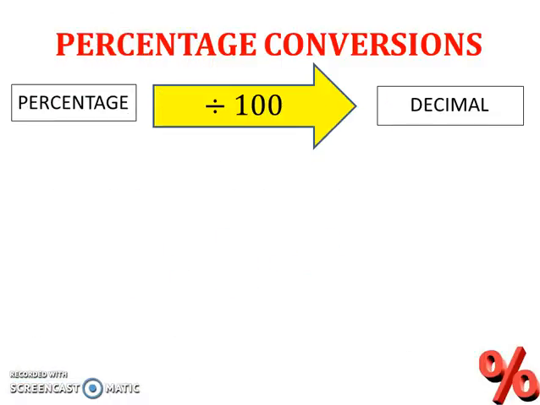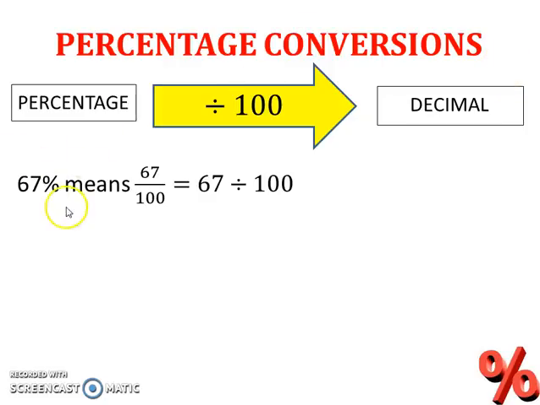Alright, changing percentages into decimals, well, we just divide by 100. Why do we do that? Because say 67%, it means 67 over 100. The line on our fraction means divided by, so it actually means 67 divided by 100.